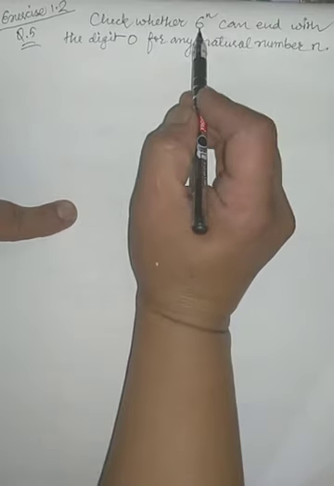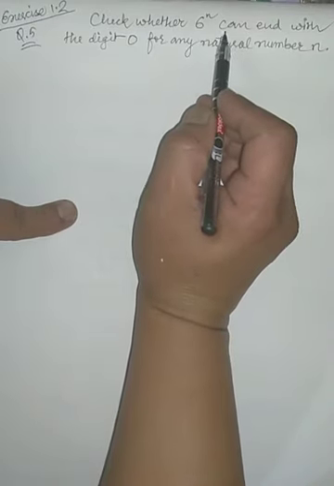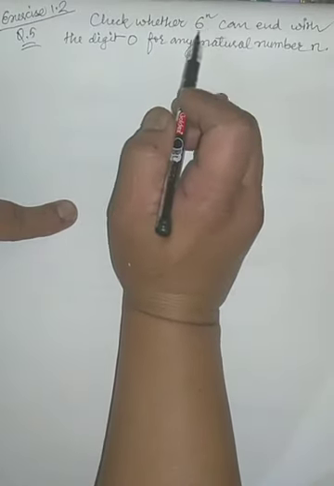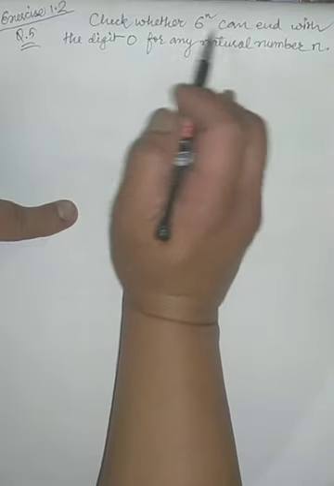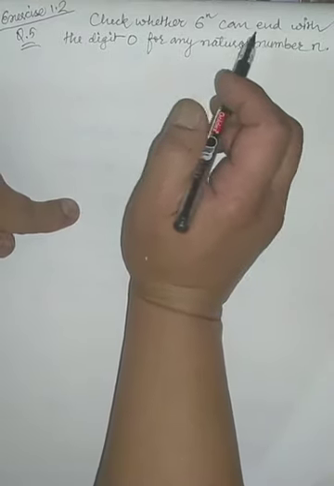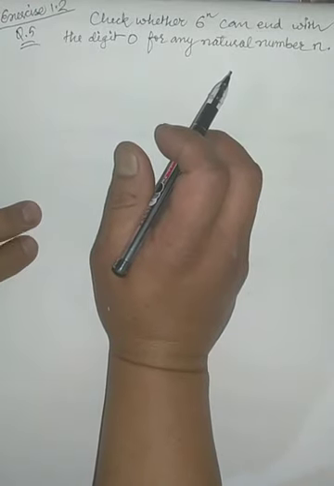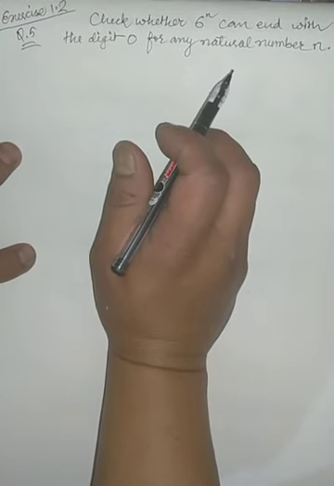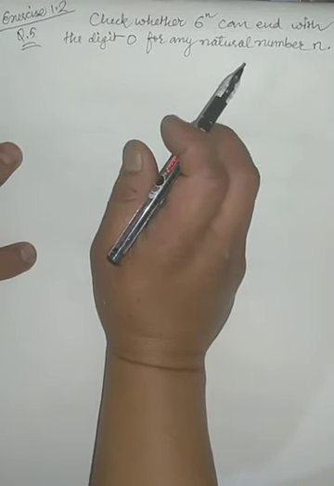If the prime factors do not contain either 2 or 5, or both are missing, then the number will never end with the digit 0.